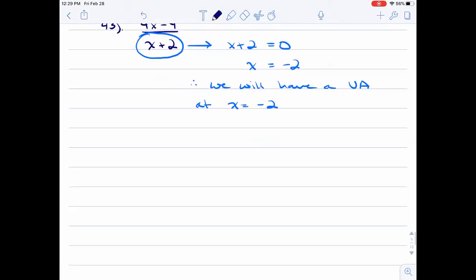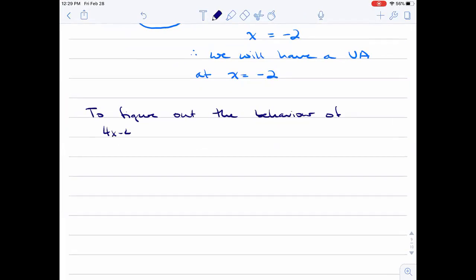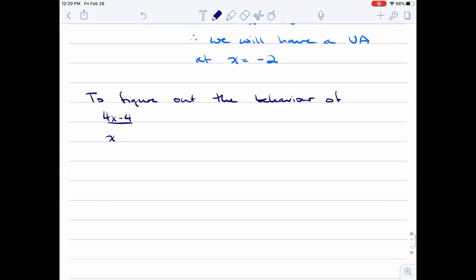And so to figure out the behavior of 4x minus 4 over x plus 2 as, sorry, I should say not at, but as x goes towards -2, because remember, the function could either shoot up in the positive direction or go down in the negative direction, either from the left or from the right.